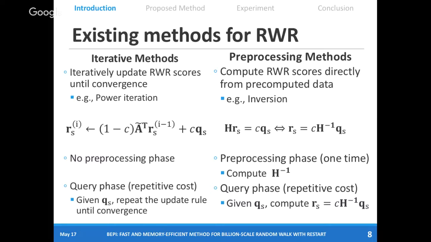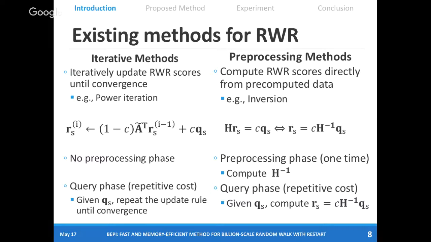There are two types of existing methods for computing RWR. The iterative method iteratively updates the RWR score until convergence. For example, power iteration computes the following update rule at each iteration. The method does not have a pre-processing phase, and in the query phase, given q_S, the method repeats the update rule until convergence.